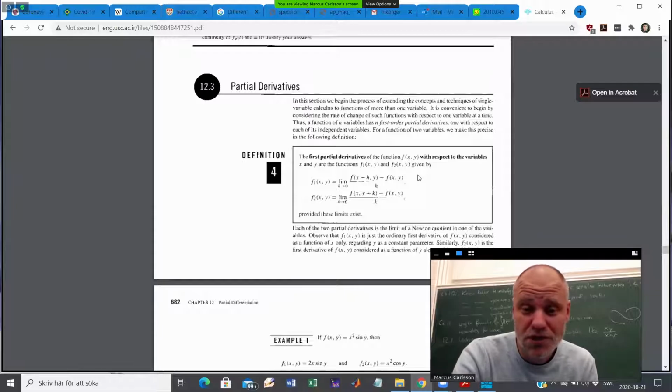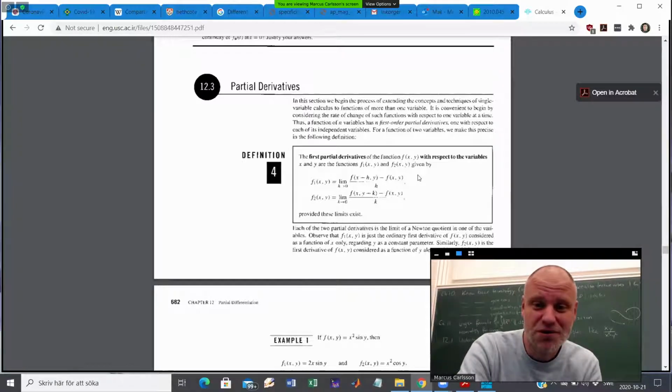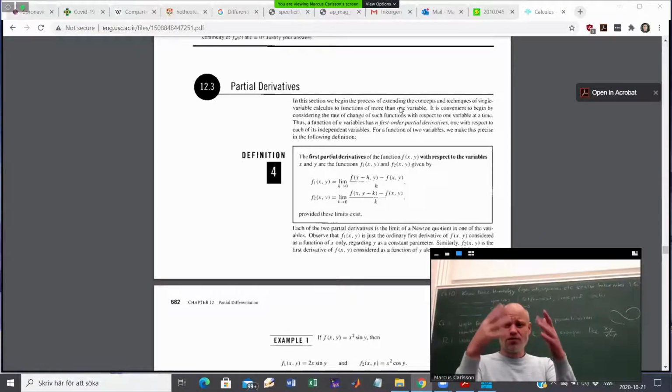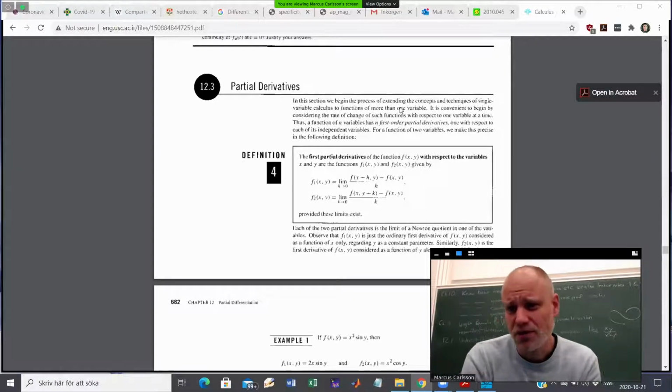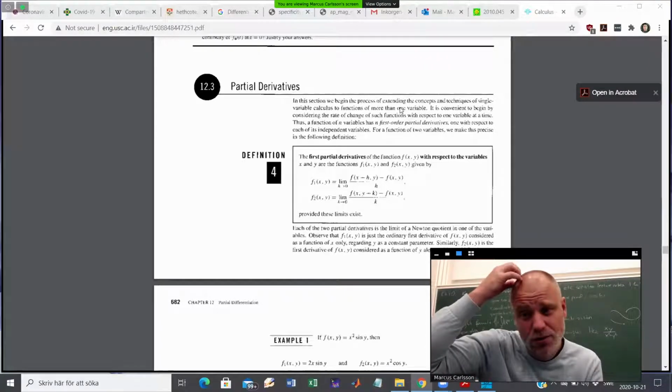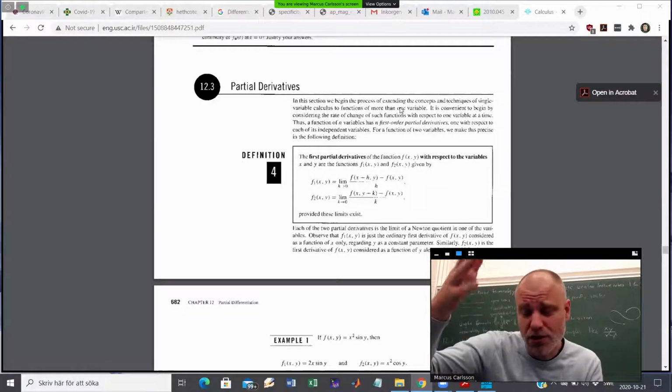Of course, it's hard to be continuous at points you are not defined in. So sine of x divided by x, for example, is not defined at zero, but we all agree that we can put it equal to 1 there.